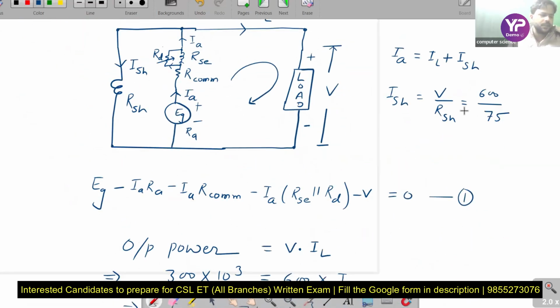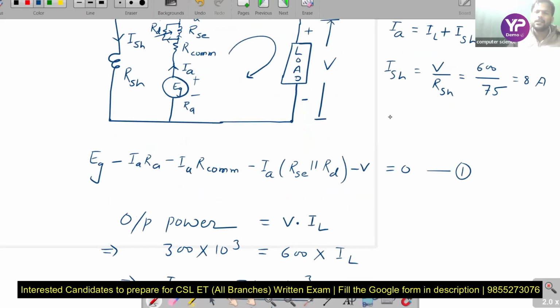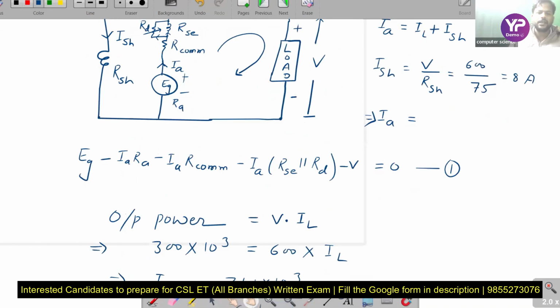When we simplify this, we get the value of ISH as 8 ampere. So IA is equal to IL plus ISH. Here IL is 500 and ISH is 8. So 500 plus 8 equals 508 ampere. This is IA.